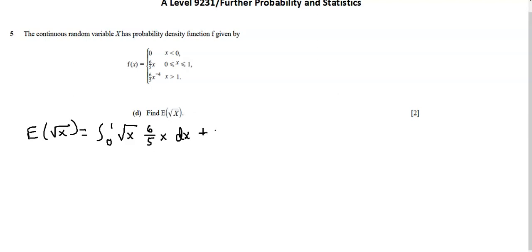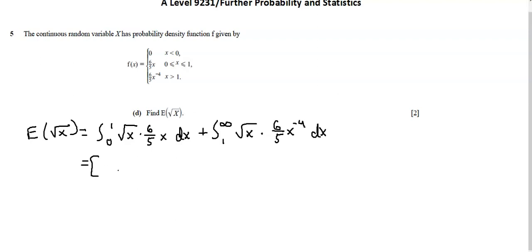And again, we have a second piece from 1 to infinity, which will be the square root of x times that second piece, 6 over 5 times x to the power of negative 4.